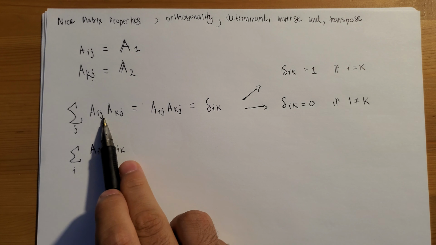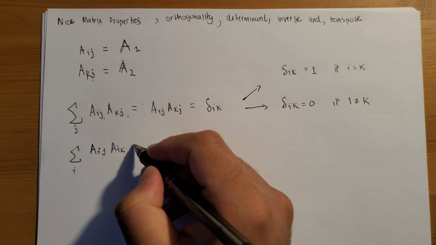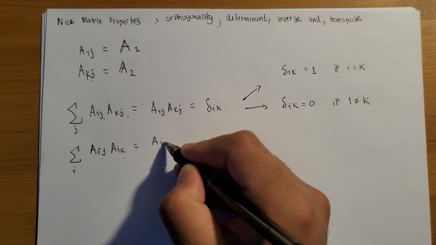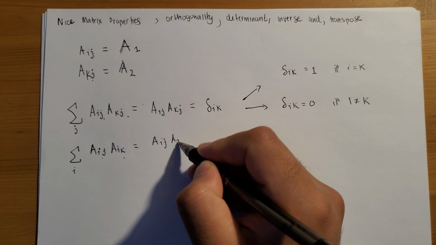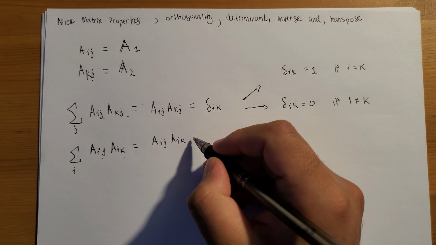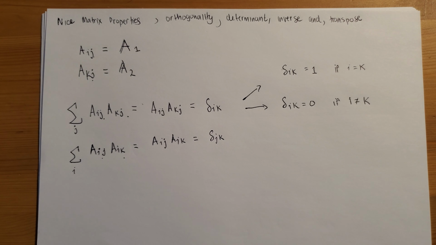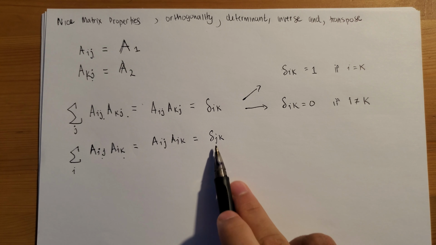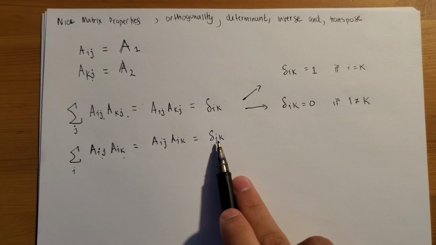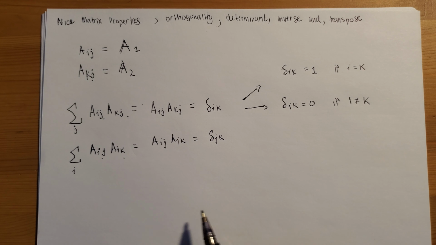You can see that instead of summing over j, we're summing over i, which again in Einstein's summation would be Aij Aik, and this would be equal to delta of jk this time, where if j is equal to k, this is 1. If j is not equal to k, this is 0. So this is a nice property of some matrices.